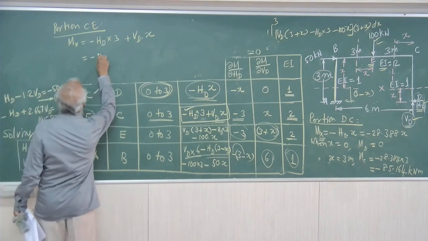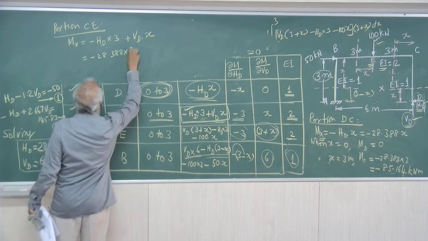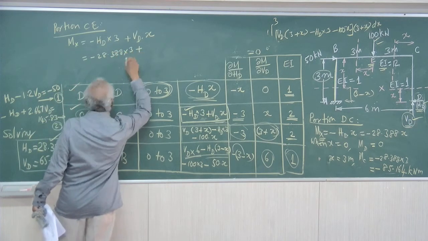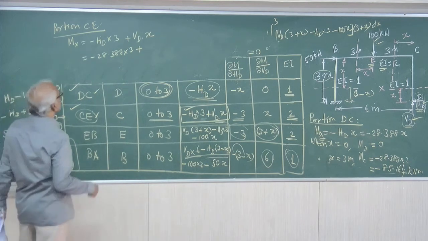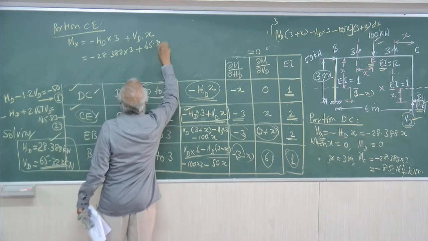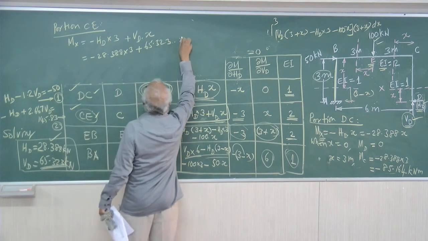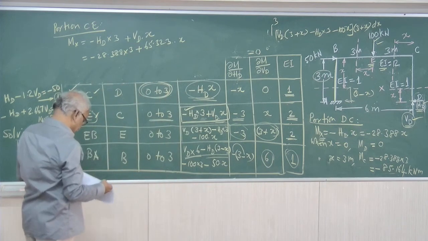So, minus 28.388 into 3 plus Vd equal to 65.323 into X. This is the equation for the portion CE.